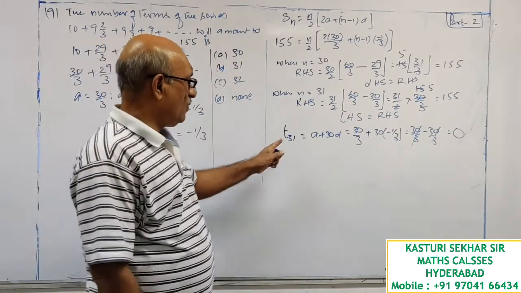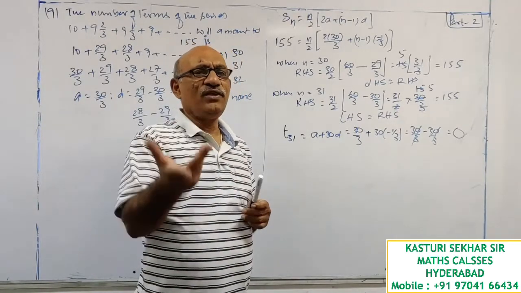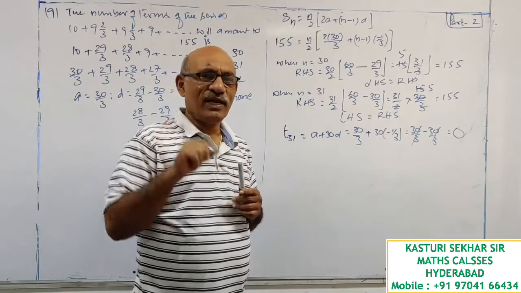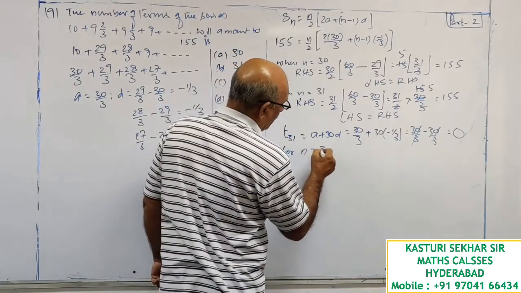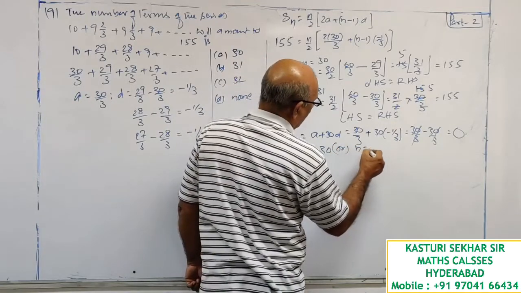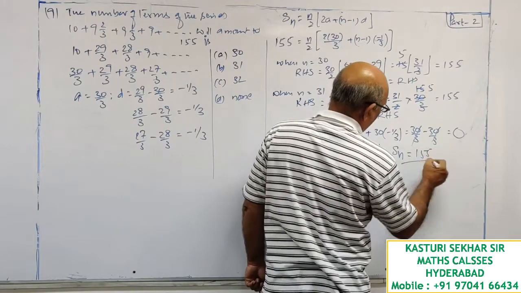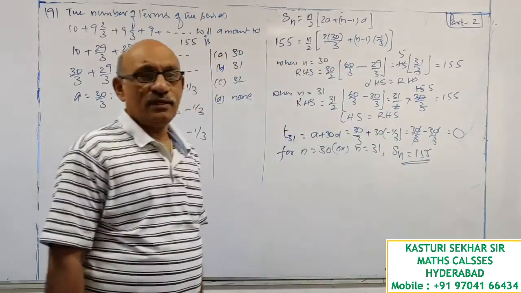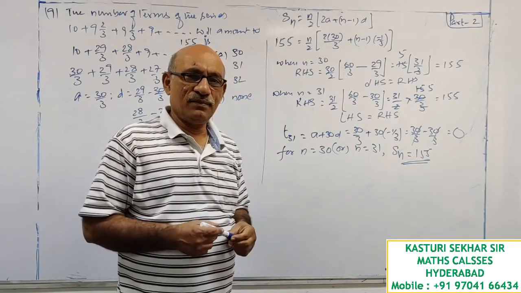The value of the 31st term is 0. When 0 is added to any number, its value will remain the same. Therefore, for n is equal to 30 or for n is equal to 31, Sn is equal to 155. This is the reason why for two different positive values of n, the answer is the same. Clear?